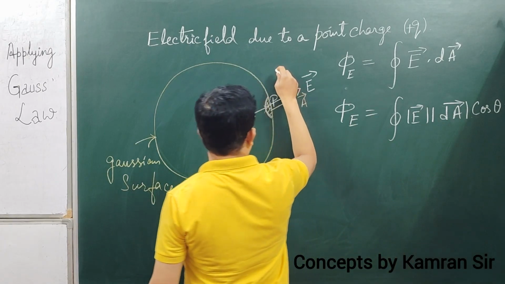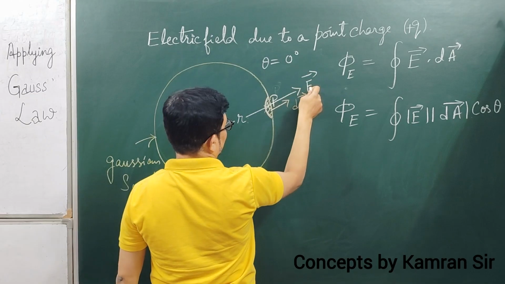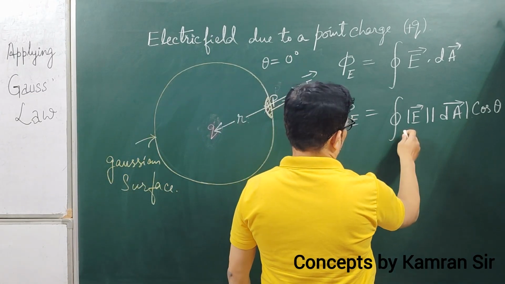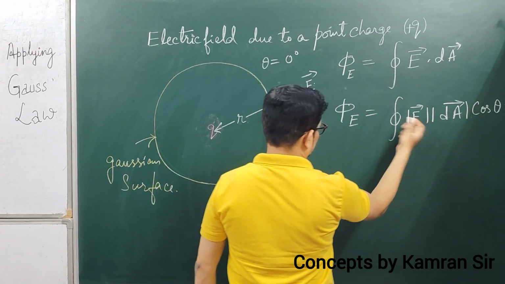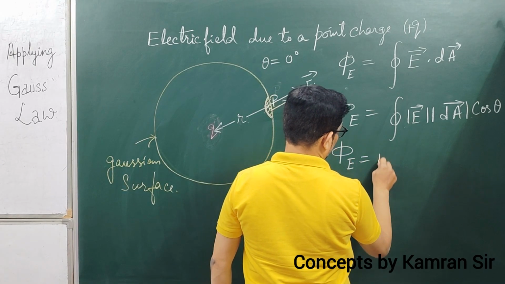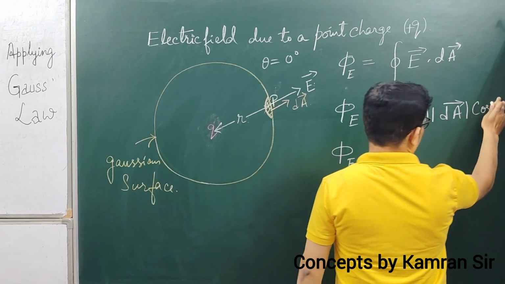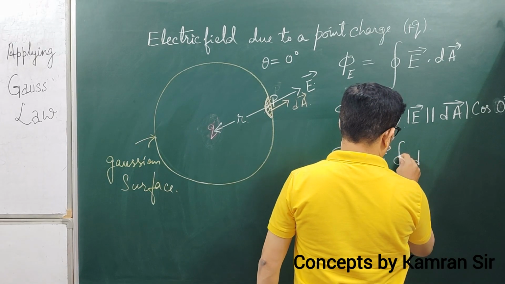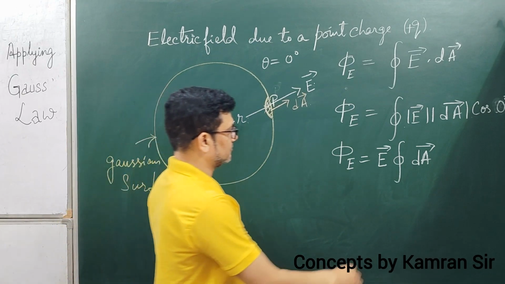Here theta is 0 degrees, because theta is the angle between these two quantities in this diagram. Now we find that the electric field is constant, so we'll take it out of the integral sign. Cos 0 is 1, so we are just left with dA, the magnitude of the elemental area.